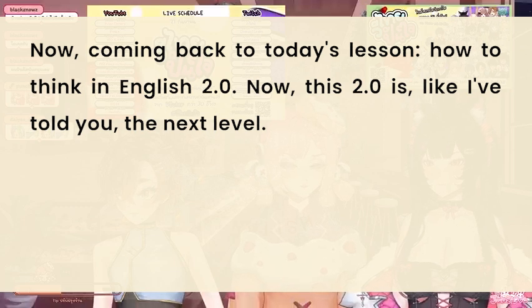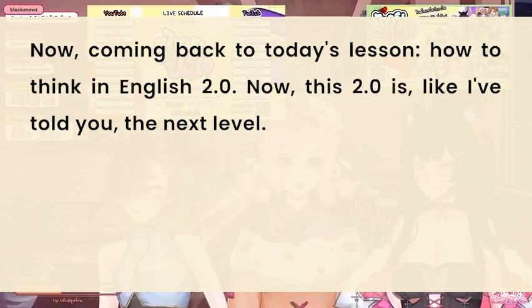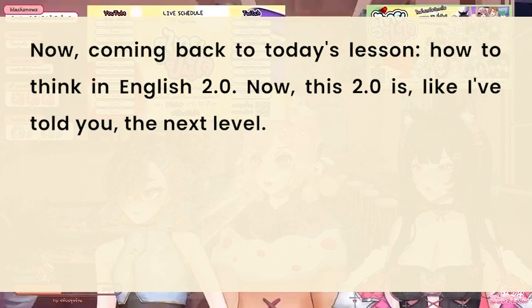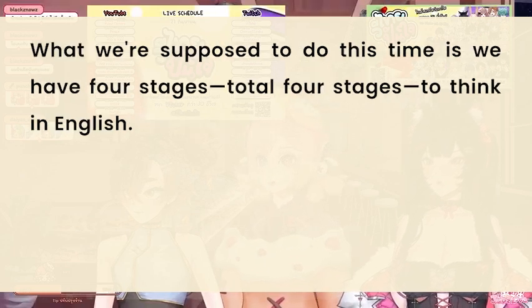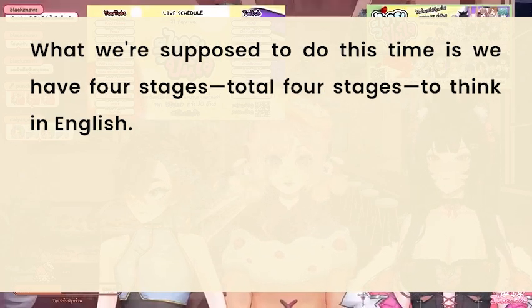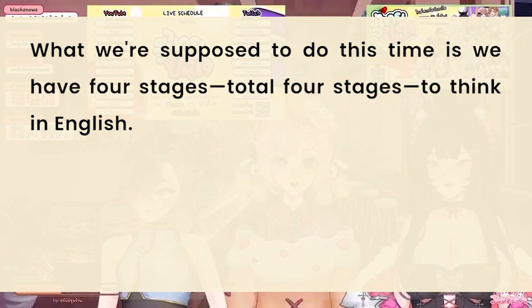Now, coming back to today's lesson, how to think in English 2.0. Now, this 2.0 is, like I've told you, the next level. What we're supposed to do this time is we have 4 stages, total 4 stages, to think in English.